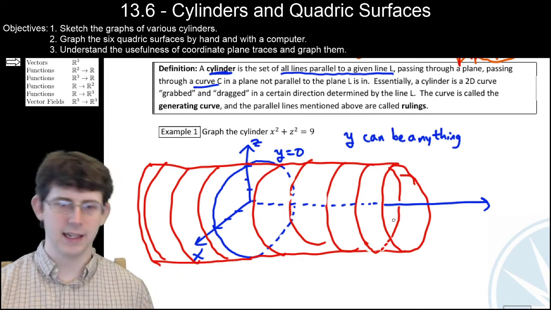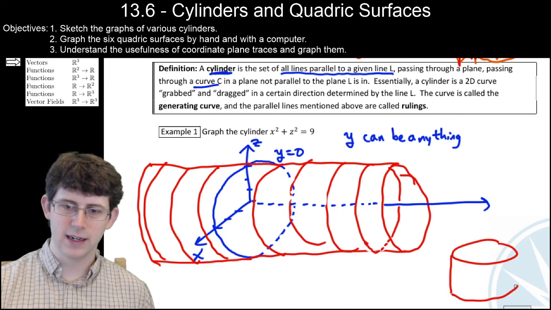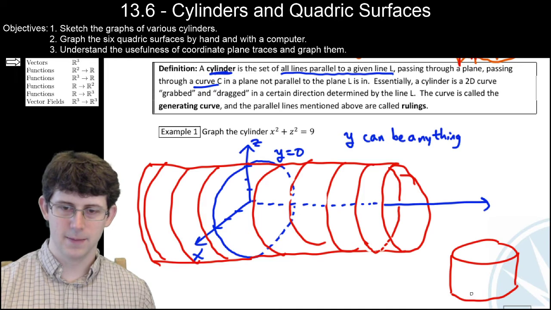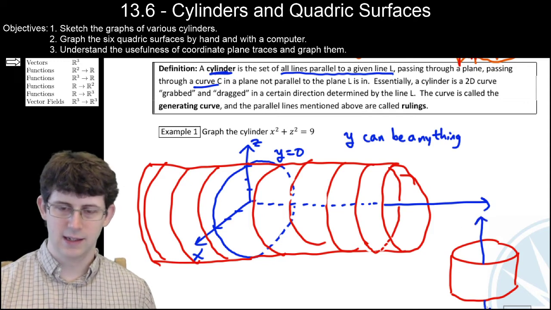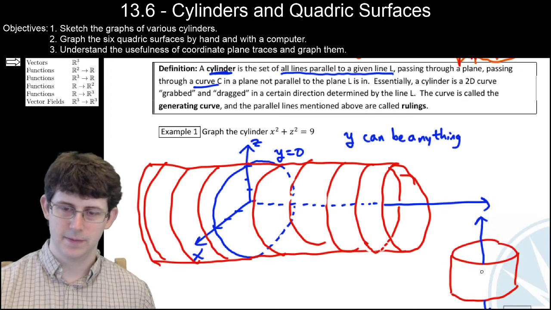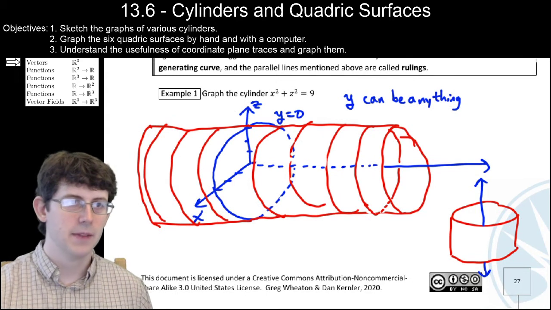I'm not the world expert in drawing, but basically if you're drawing a cylinder and you're trying to make it clear that you're looking into a hollow cylinder, then it helps to draw the axis that's going through it, and then people can see what you're talking about. Okay, that's x squared plus z squared equals 9.